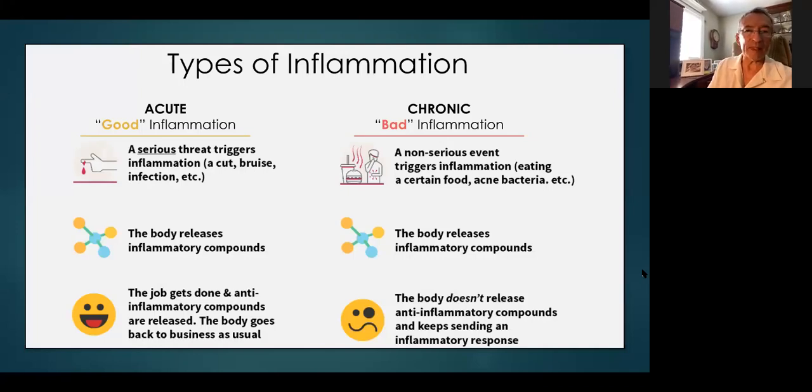Now, if you have, for whatever reason, moved from acute inflammation into chronic inflammation, this is very different. This is nothing to do with healing. It's nothing to do with protecting you against invading pathogens or against injury. You now have a situation where the inflammatory cascade has been unleashed, and for whatever reason, the accelerator's on, the brakes are not being properly applied. And so the body, instead of resolving the inflammation once the original stimulus that started it has been neutralized, the inflammation does not stop.